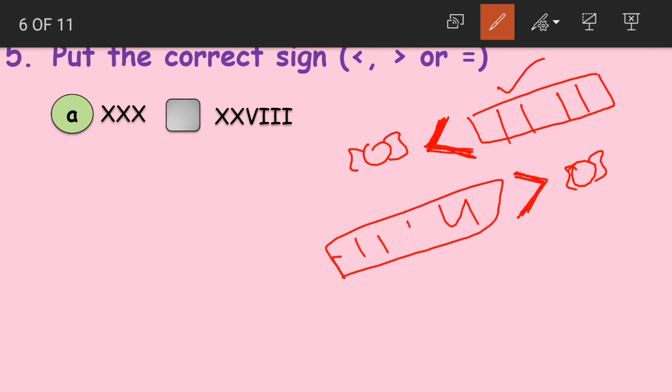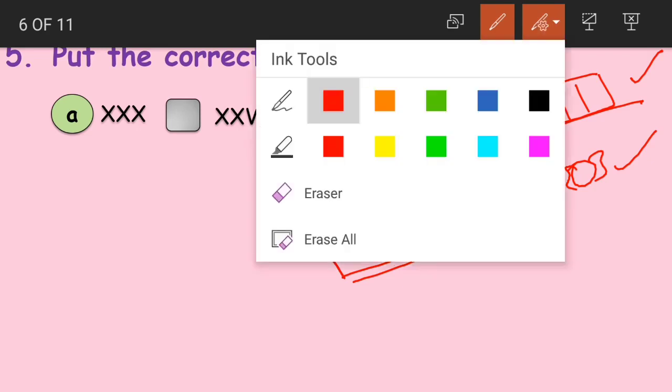Now again this looks like L, so it is the less than symbol. The small chocolate is less than the big bar. Am I right, children? Now the big bar is greater than the small chocolate. You can simply remember it like this. Whichever is the bigger number, open the mouth towards the bigger number.